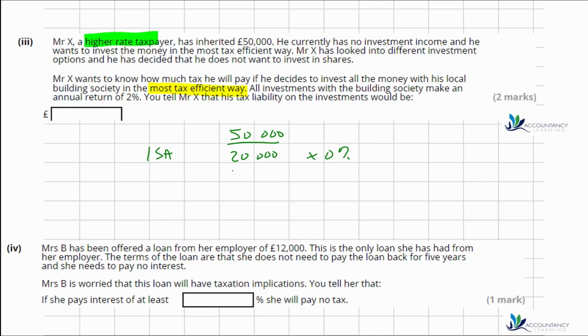And then the remaining 30,000 would be invested, and we would earn a return of 2% on that. So the 30,000 multiplied by 2% means that we would earn 600 in income, and then that will be taxed at the higher rate of 40%.